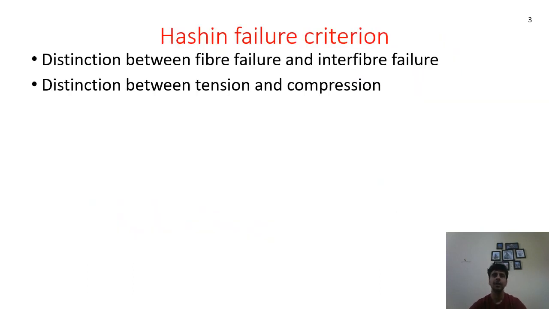So for the initiation of damage, you have the Hashin failure criteria that has been implemented. It distinguishes between fiber and interfiber failure. Abaqus uses the term interfiber failure, but generally we use the term matrix failure for the same thing, and there is a distinction between tension and compression.